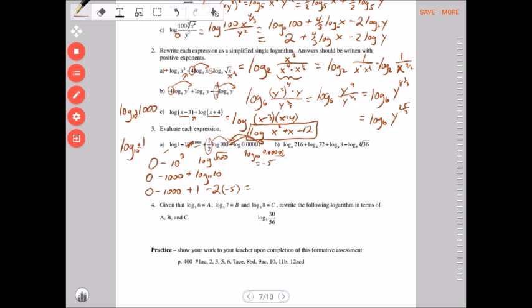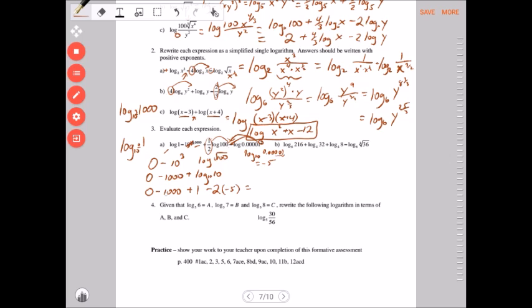Okay, so now we've got a whole bunch of numbers to play with. So negative 1,000 plus 1, minus negative 10, which is plus 10. So that's plus 11.